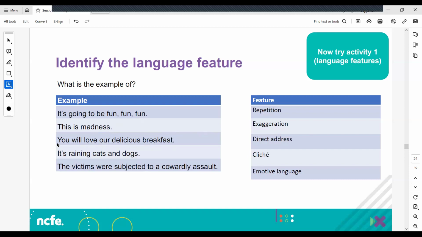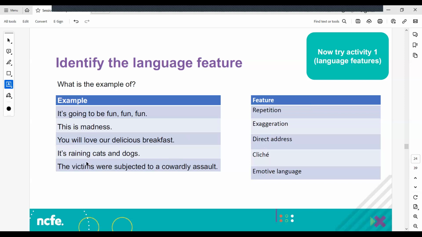Direct address. As I've said, often used in advertising and marketing. You will love our delicious breakfast. So that word 'you' at the start of the sentence is direct address. They're talking directly to you as the reader to engage us and make us think.